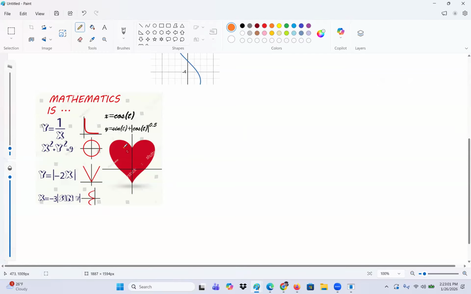So remember, the goal of math is to translate any image into algebra, algebraically. Even with topology, we're trying to define a subject by algebra to understand what it is.